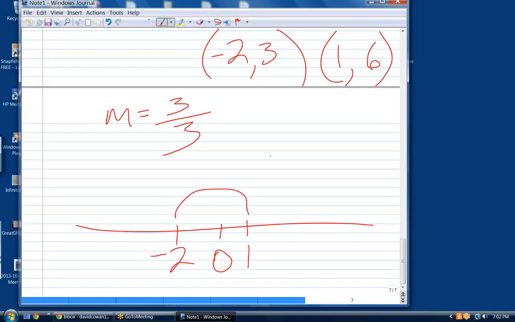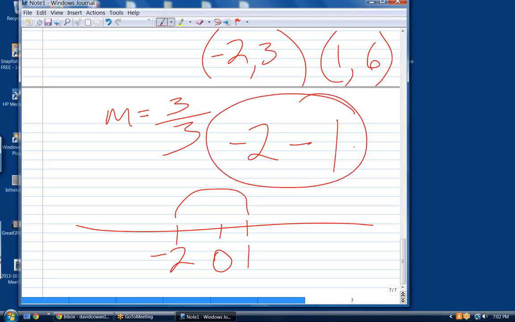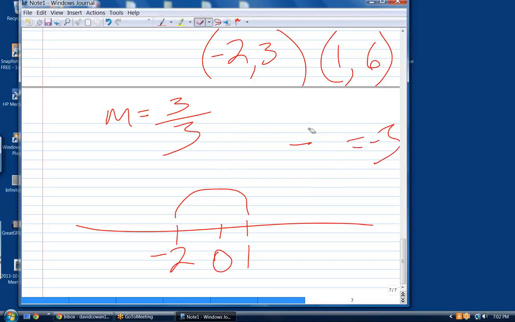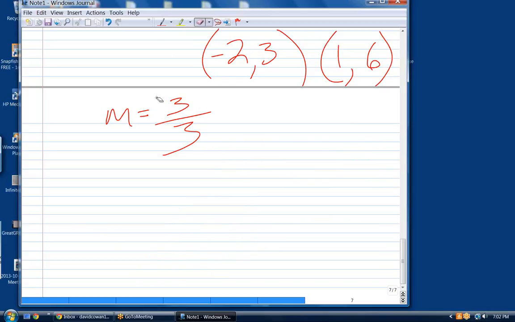So you can do it arithmetically like this, like I did it, and turn it into a 1 plus 2. Or you can even do it the other way. You can say, what's -2 minus a +1? Well, that's -3. But the key thing is, what is the distance between those 2 points? And it's 3. So the slope is 1.